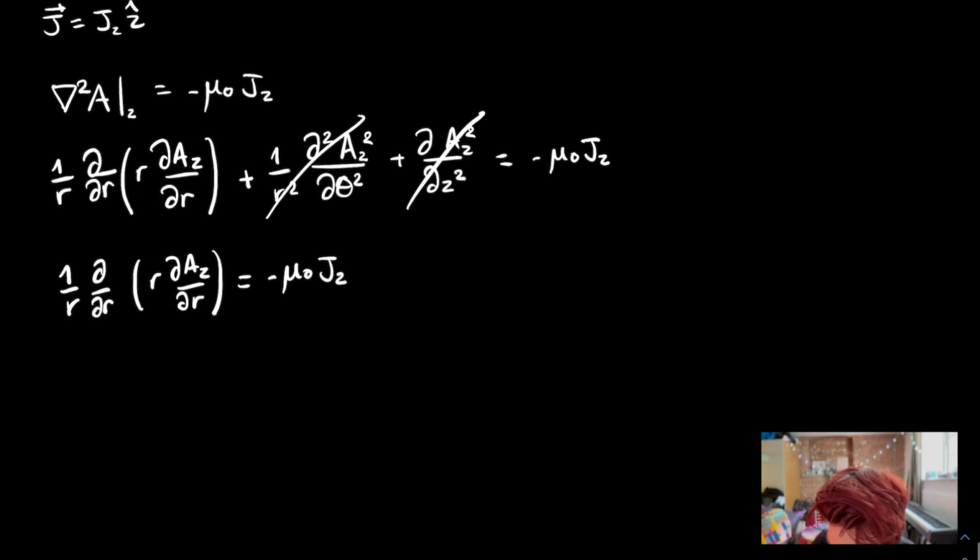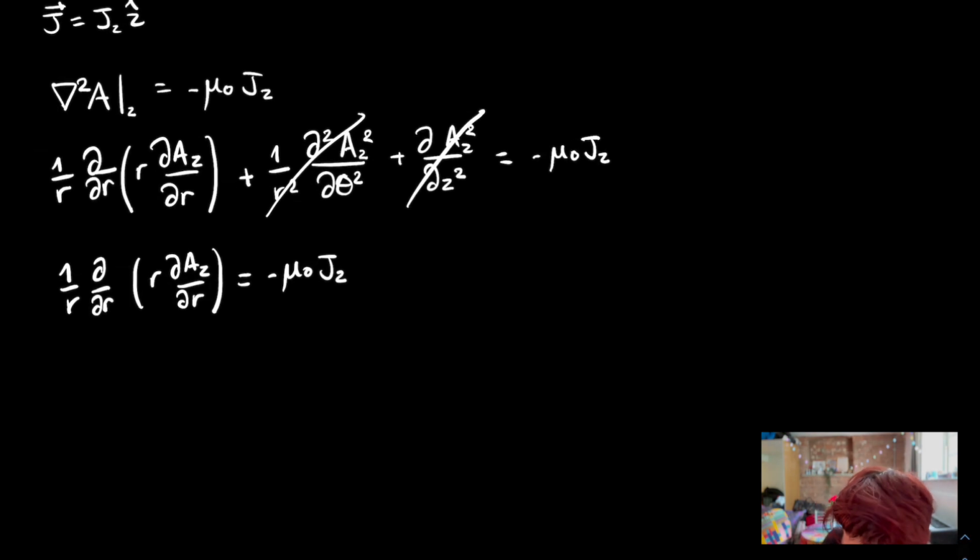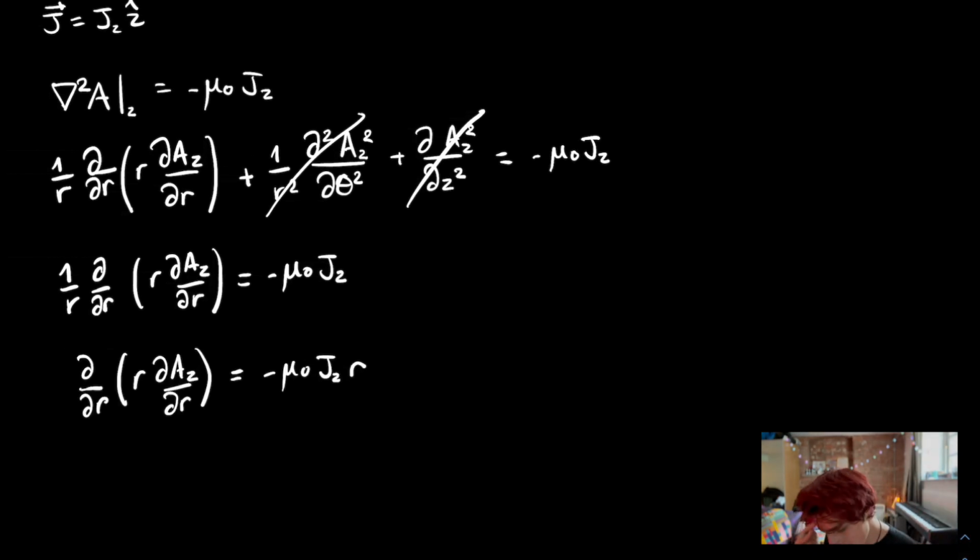So as with before, let's go ahead and rearrange this. So moving the 1 over r up top, we get this. And we're going to integrate both sides of the equation with respect to r to remove this derivative right here. And when we do that, we get this on the left-hand side.